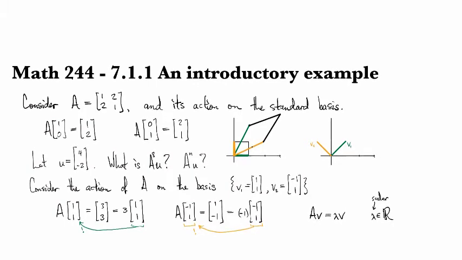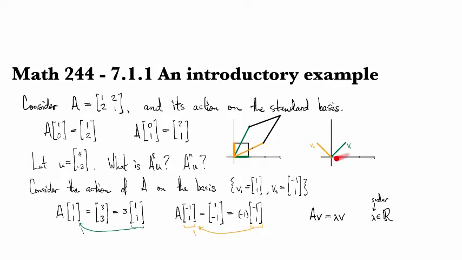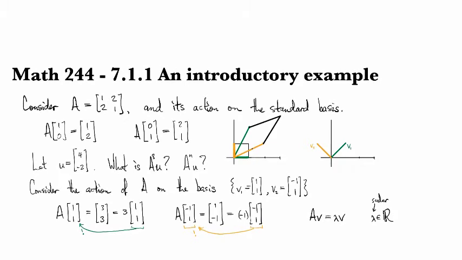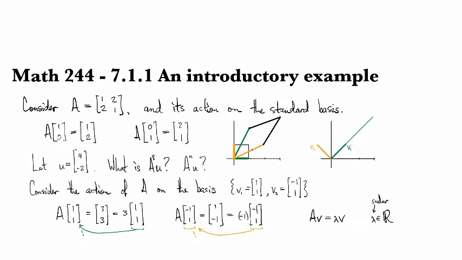And it looks a little bit like I'm lying because of the sign change, but let me just show you what I mean. So going back over here, let me finish drawing this picture. So the image of V1 after the multiplication is going to be 3 times V1. So it points in the same direction, it just goes further out.